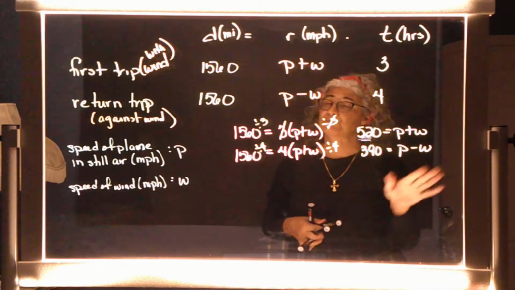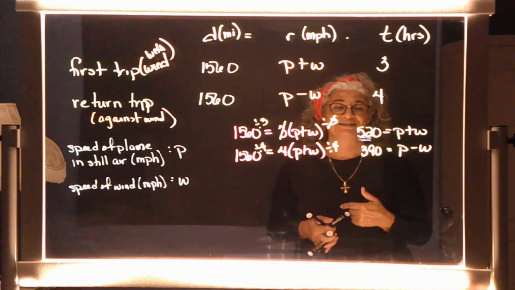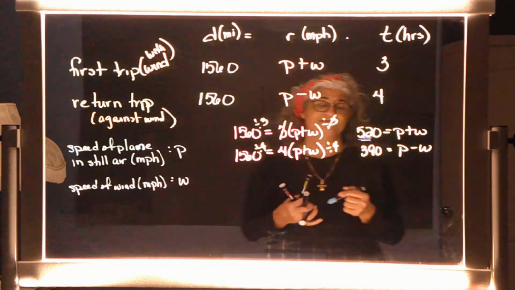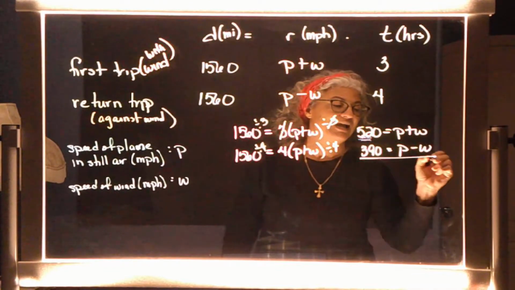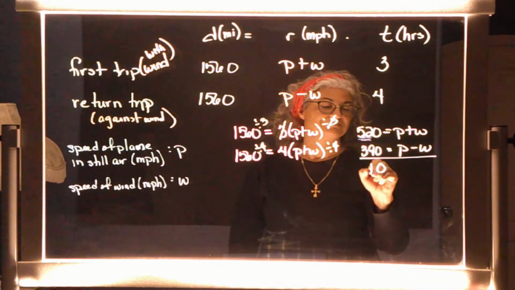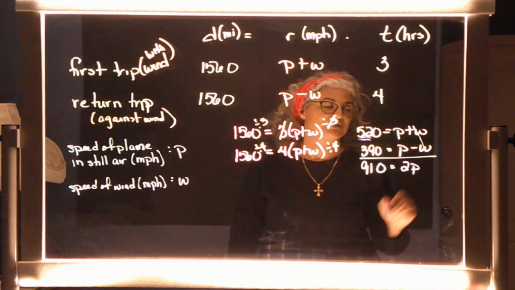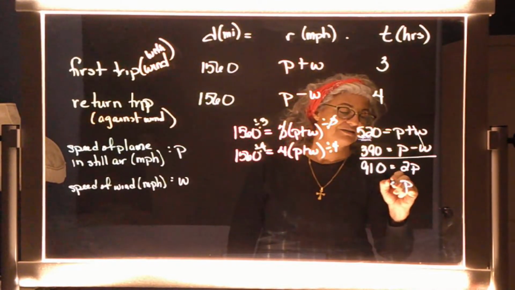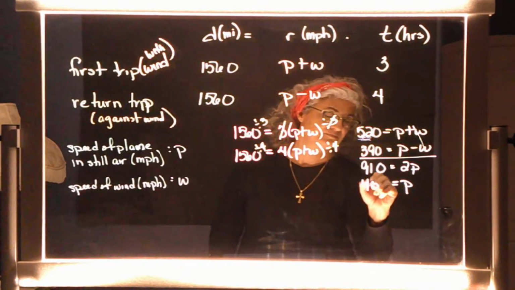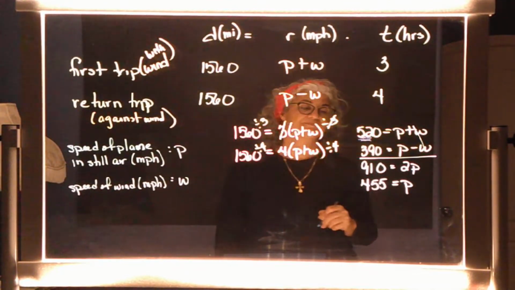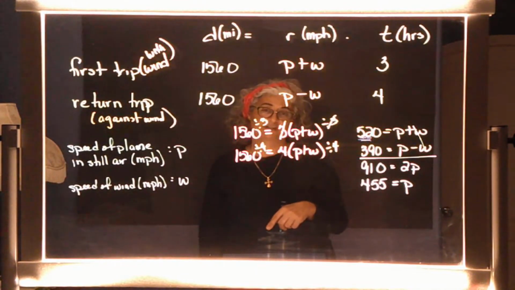Well, this is looking really familiar, just like the last problem, isn't it? Okay, so let's work with it. Add these together, because the W's drop, don't they? Divide both sides by 2. Yes? So P equals 455.